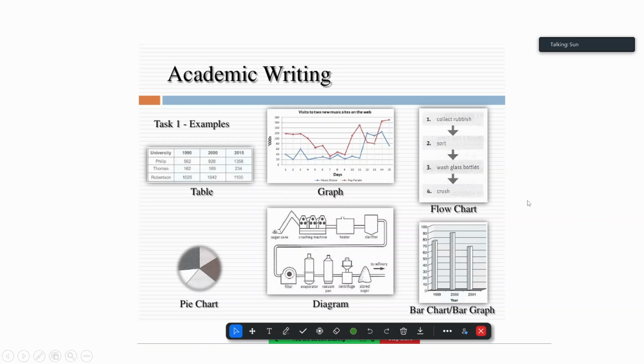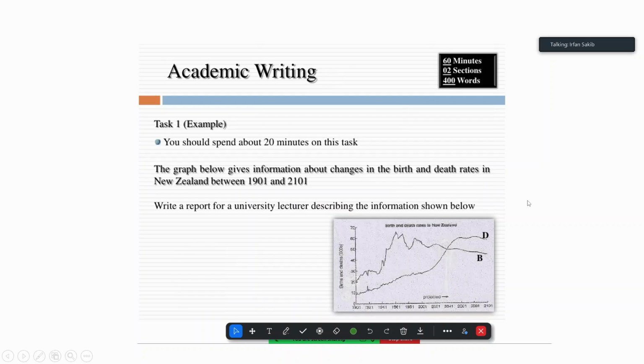So just take a look at a sample IELTS writing task 1 essay. From 1901 till 2101, the information gives changes in birth and death rates in New Zealand.